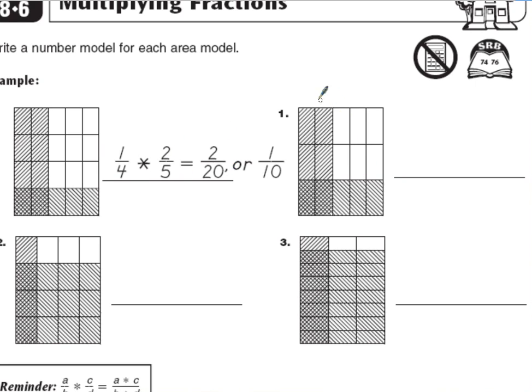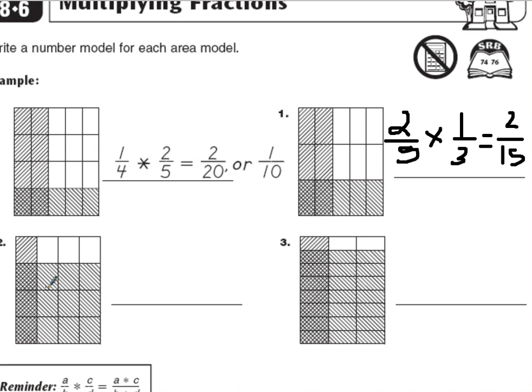Taking a look at another example, let's take a look at our vertical. We have 1, 2, 3, 4, 5. 2/5 are filled in, and we have 1, 2, 3 sections, and one of them is filled in horizontally, and in total there is 2/15 filled out. We have 2 that are cross-sectioned out of all of the pieces that are there.